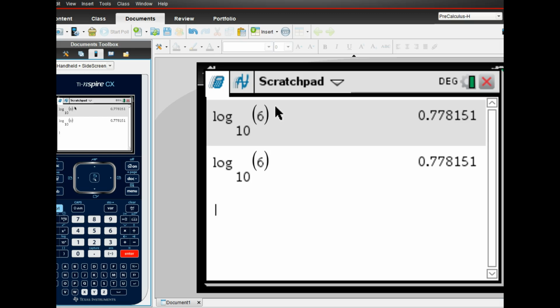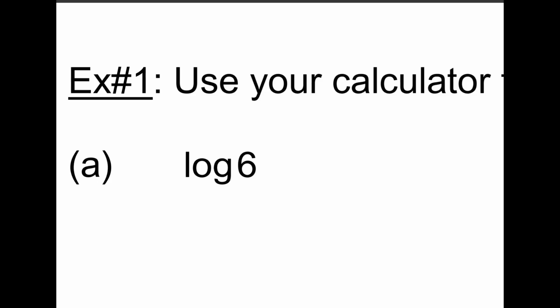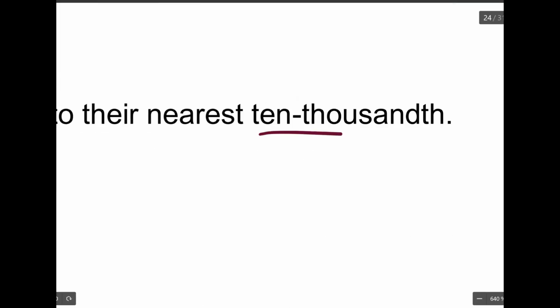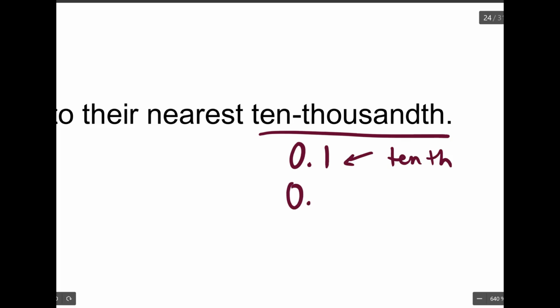All right, let's go back. So I see I need to round this to the nearest 10,000th place. So let's review 10,000th place. What is this? 10th. What's this place? 100th.